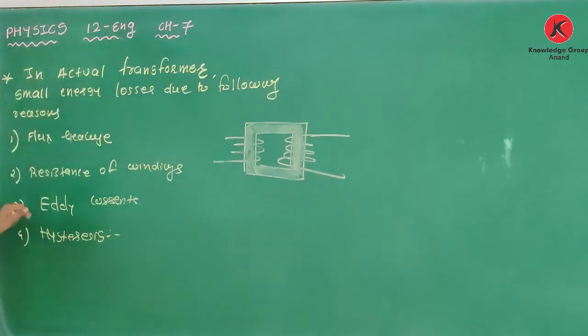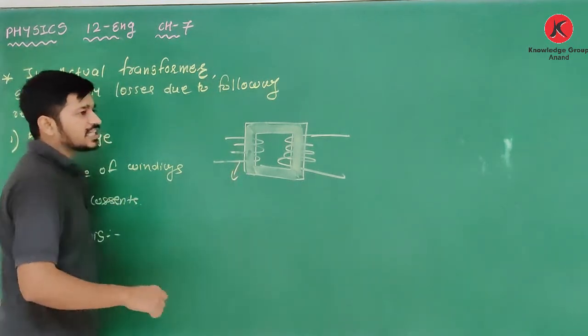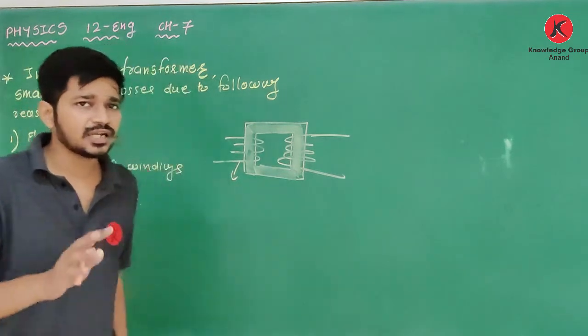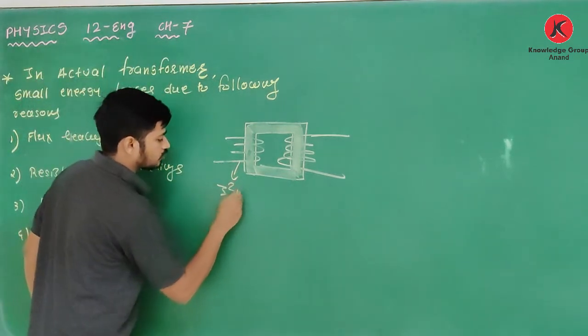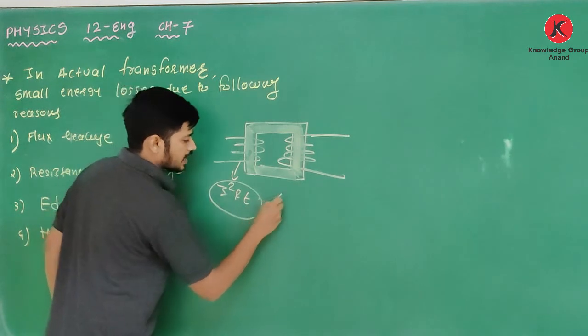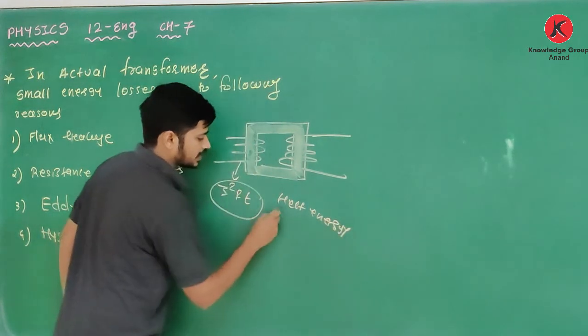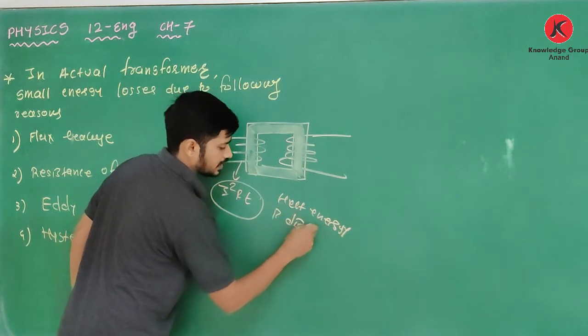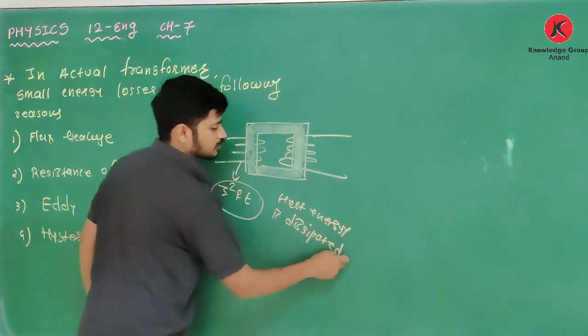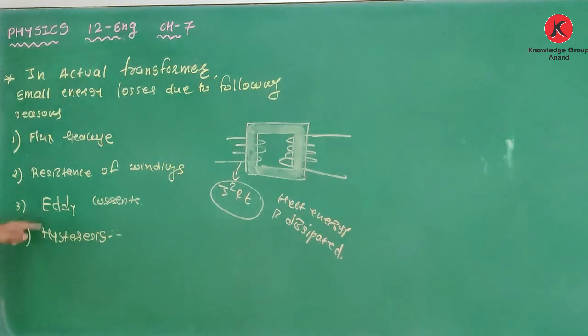Second one, resistance of winding. In every conductor there is always some resistance. So if current is flowing, according to I square RT, heat energy is dissipated. That is the second energy loss.